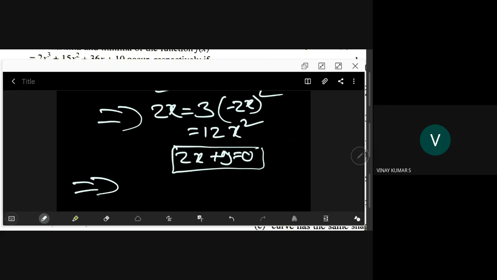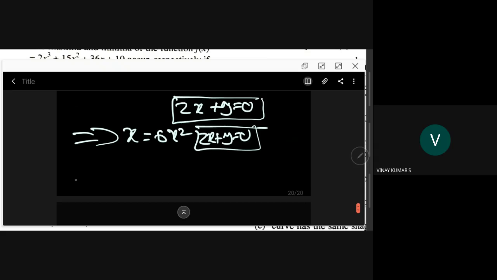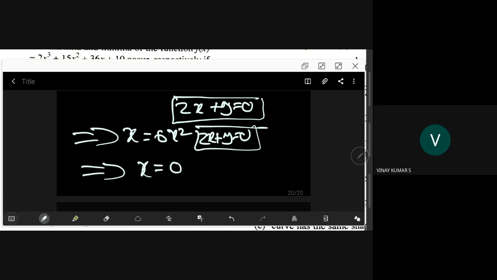So this implies x is equal to 6x square, that is, 6x minus 1 into x is equal to 0, and you have 2x plus y is equal to 0.